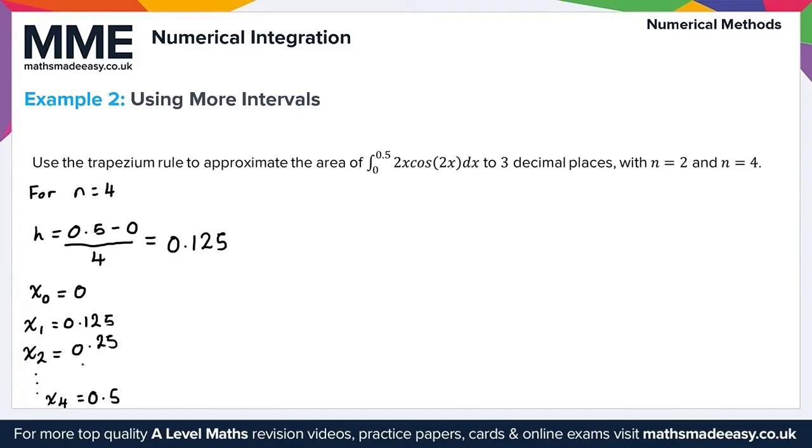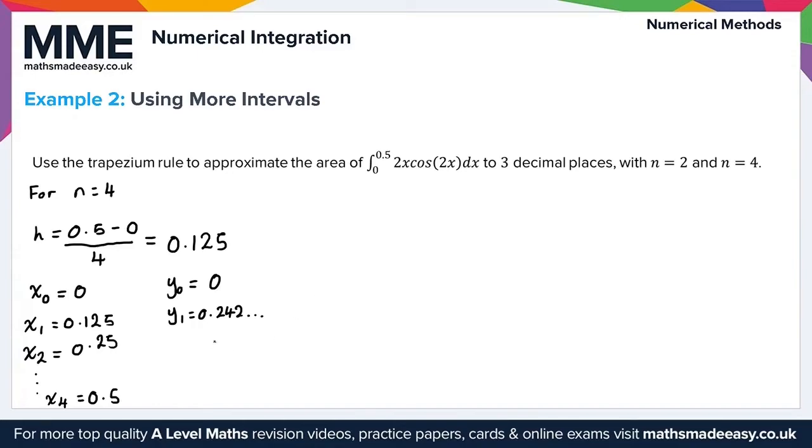Now we substitute these values into the equation, giving us our y values. If we write them out in full, y0 is equal to 0, y1 is 0.242. Again, I'll give the approximate answer here, but when we're using our approximation in the trapezium rule, I would use the exact form.